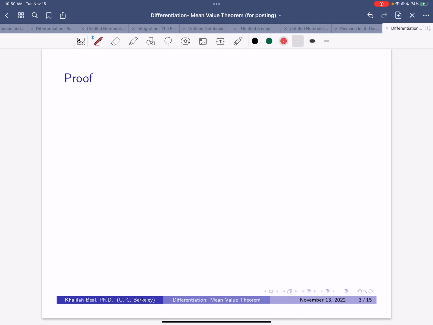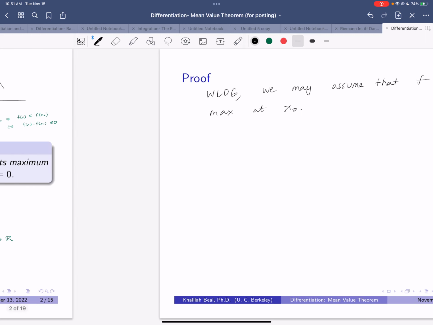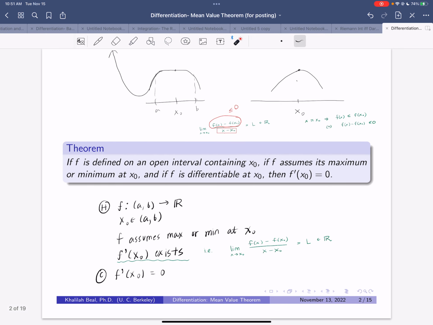So let's go for our proof, and we'll say, first of all, without loss of generality, we may assume that f attains a max at x naught. Now, we're trying to prove that f prime of x naught is equal to 0, and we could do a proof by contradiction.